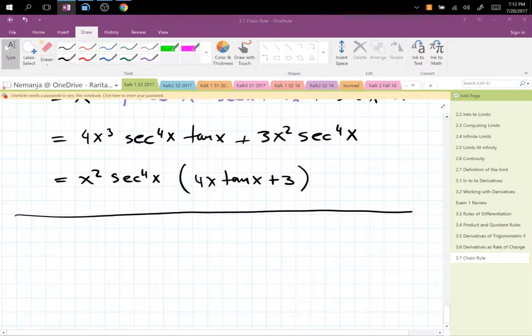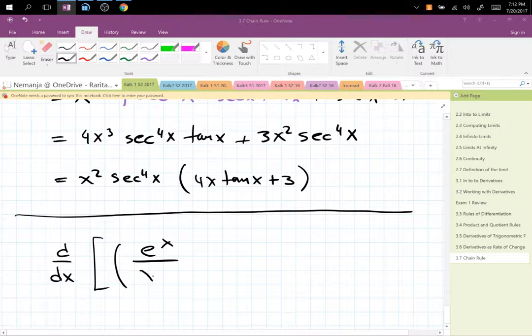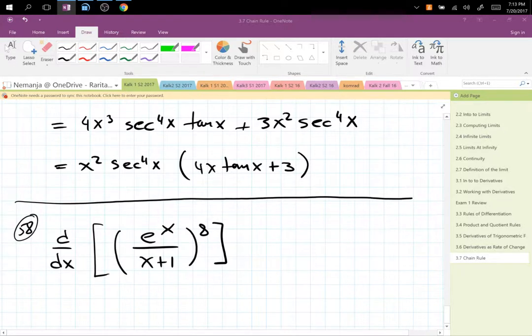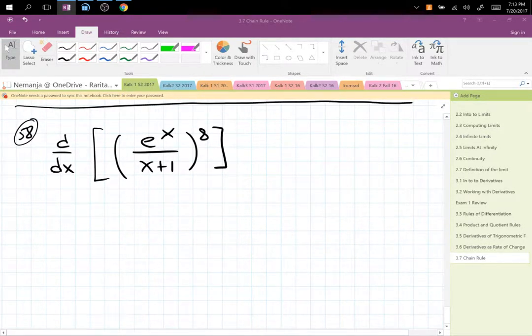You're going to love this one. What's happening here?